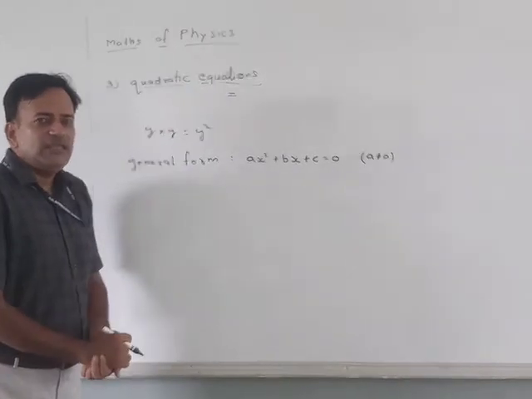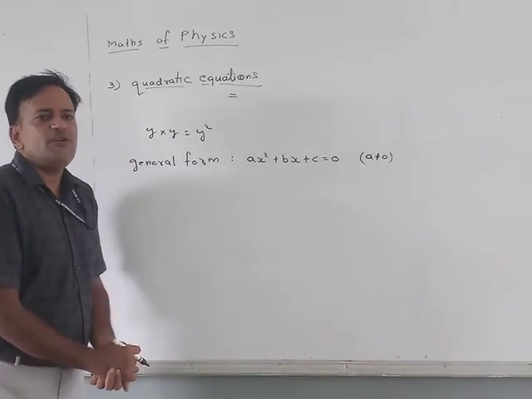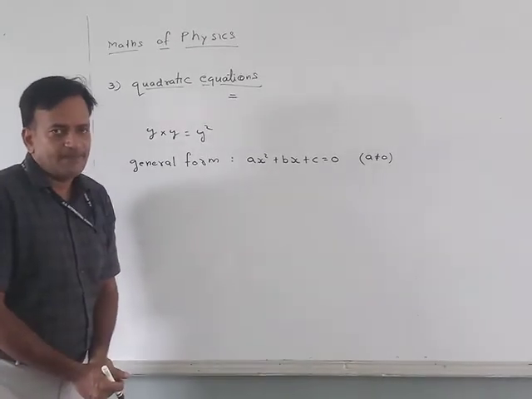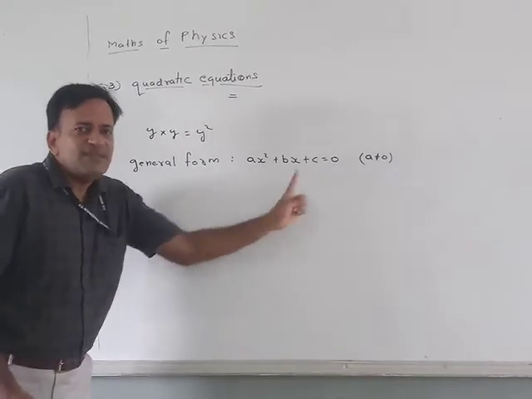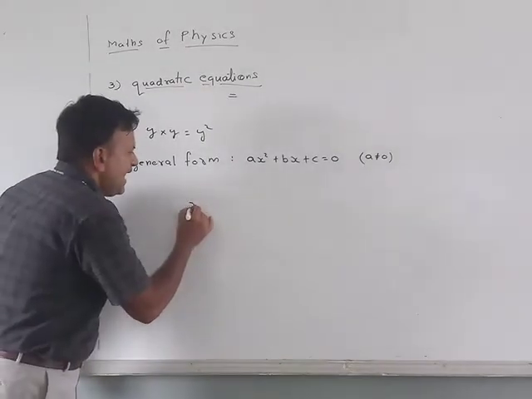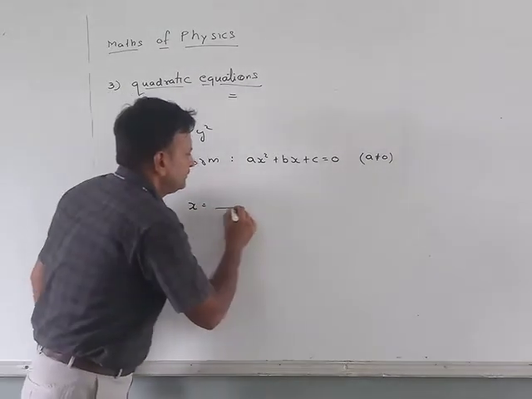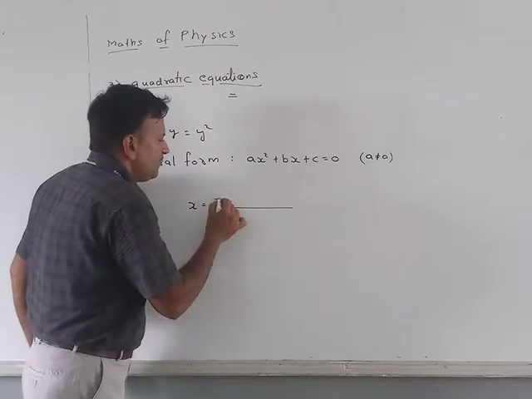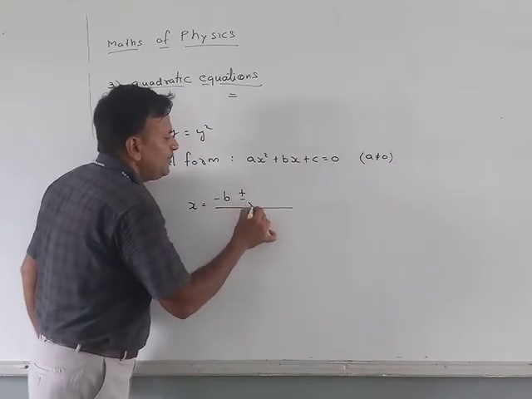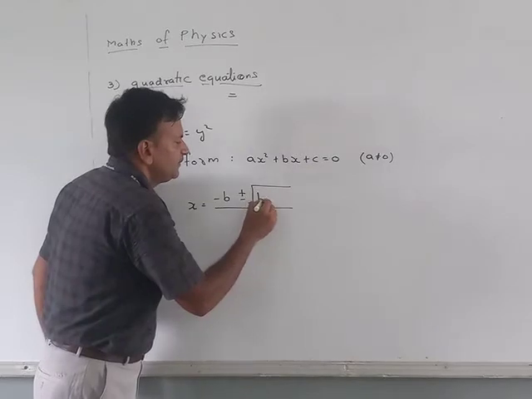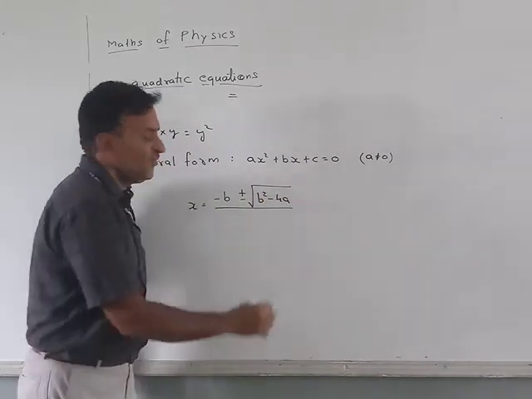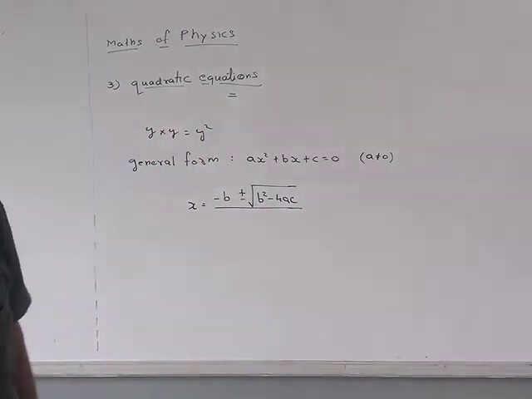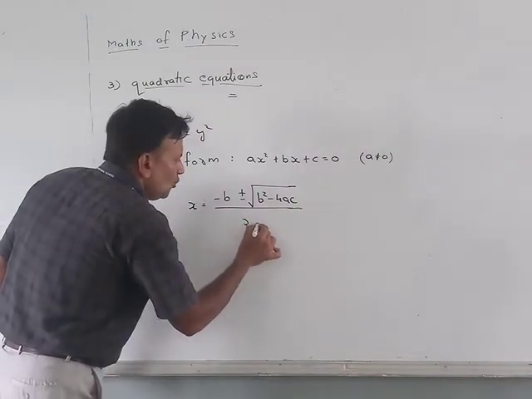We also know how to find the roots of this equation. Roots of this equation means the values of x. How to find the x from this equation? Simple. x is equal to minus b plus minus square root of b square minus 4ac, divided by 2a.